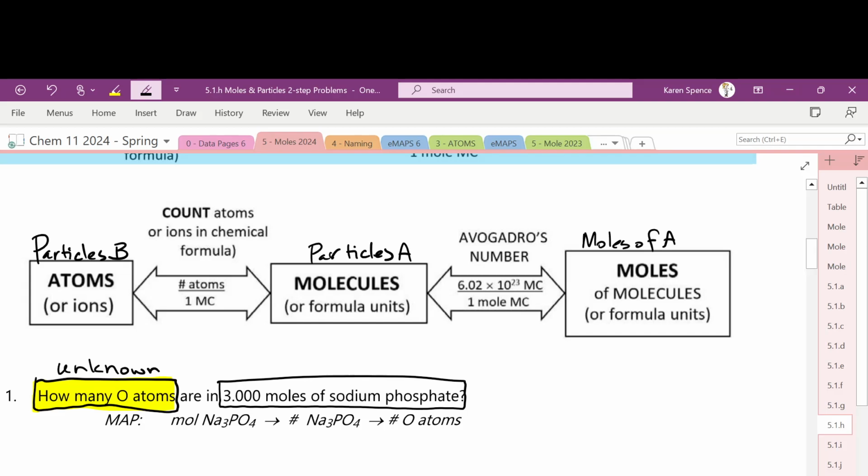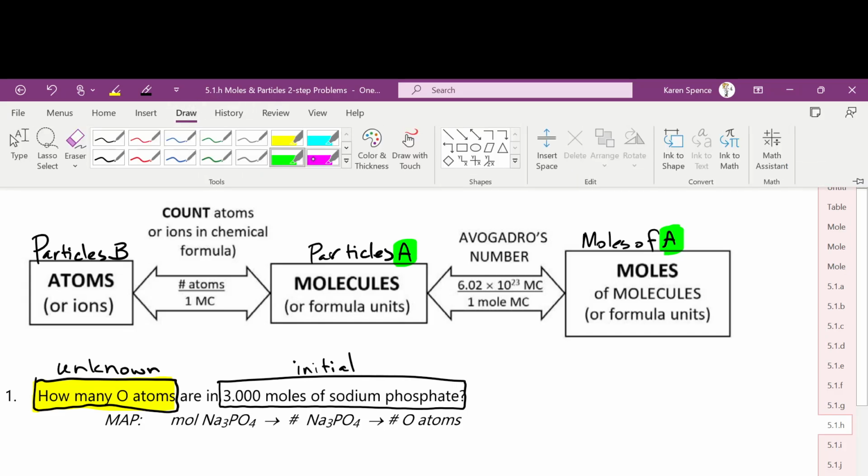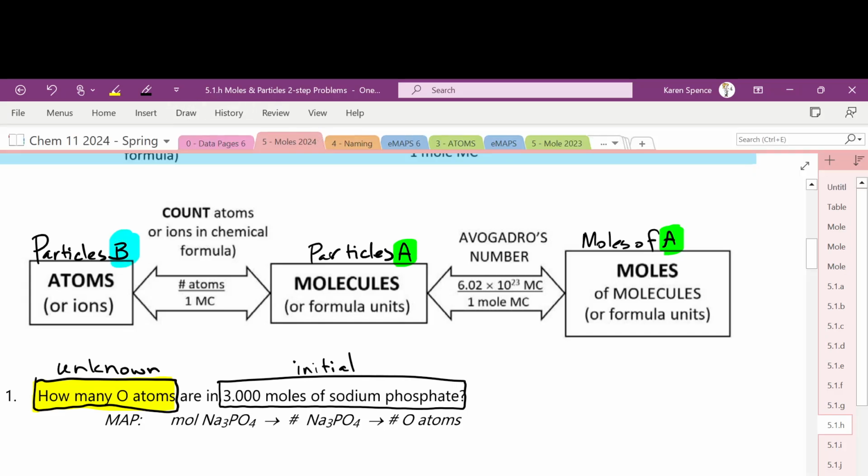Sodium phosphate. So sodium phosphate, Na3PO4.